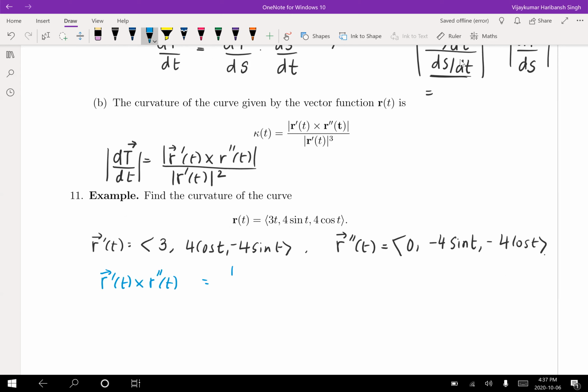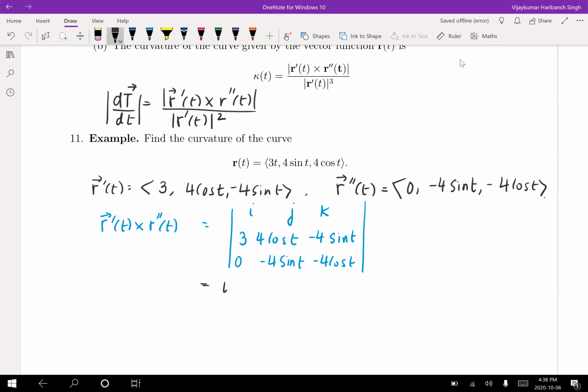So we compute the cross product, which is going to be i, j, k; 3, 4 cos t, minus 4 sine t; and then you have 0, minus 4 sine t, minus 4 cos t. So let's compute this.